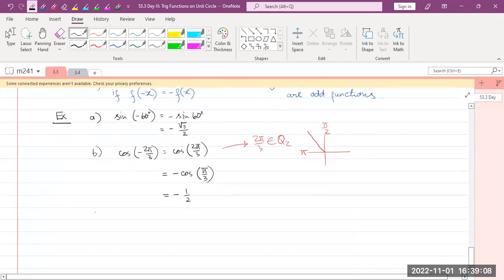Okay, part C. How about cosecant of negative 225 degrees? Oh, cosecant, I don't know yet. I know that's a reciprocal of sine. So 1 over sine of negative 225 degrees. Now, then from there, sine is an odd function. So sine negative is negative sine.